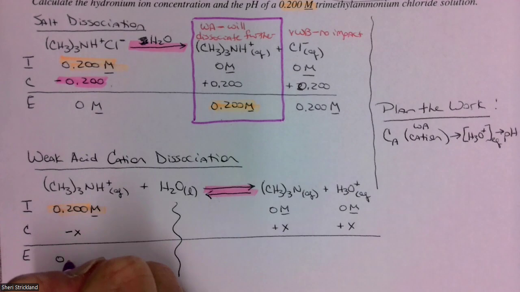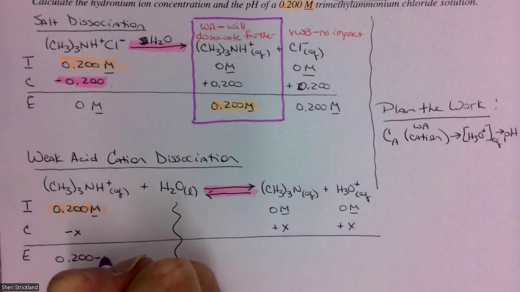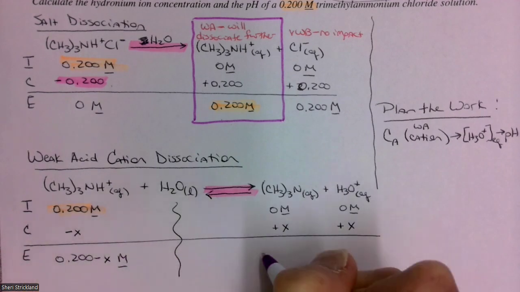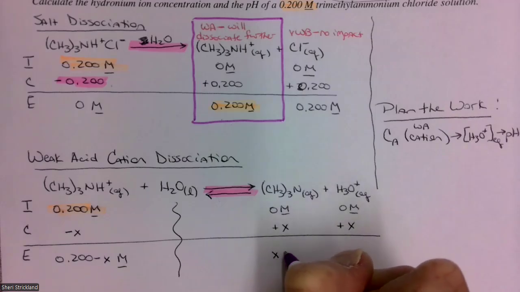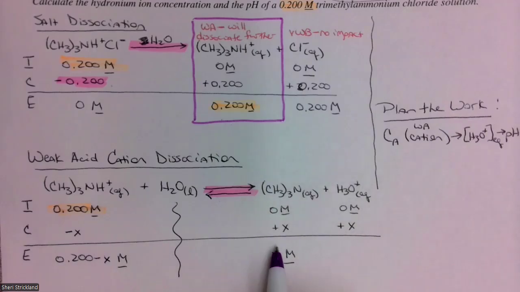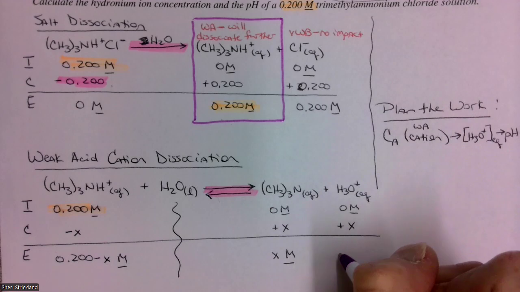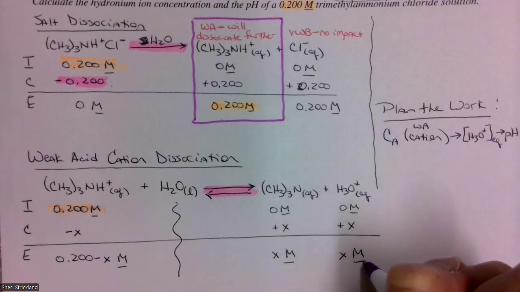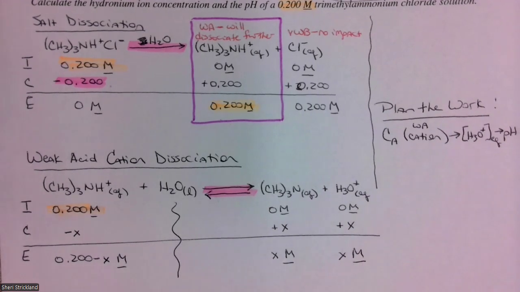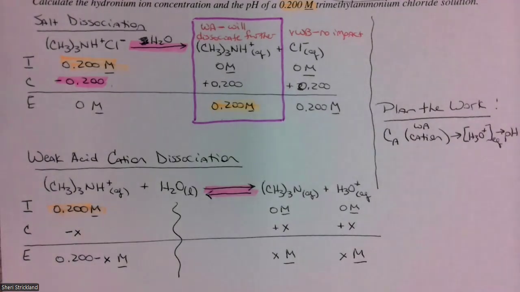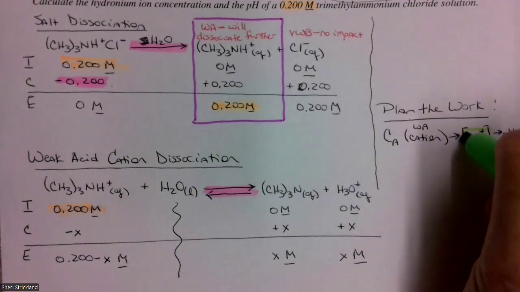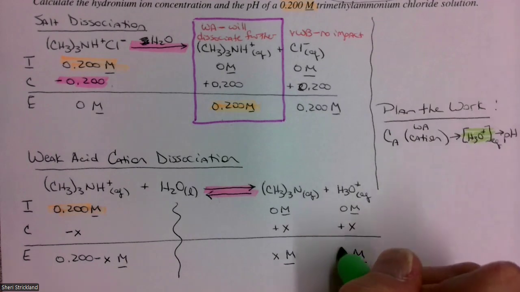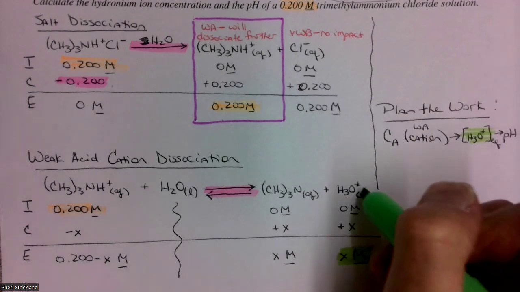Okay, so the equilibrium concentration of the cation will be this, and then its conjugate base will be that. And hydronium ion concentration will be that. All right, so this hydronium ion concentration, this is what we were talking about up here. Okay, so that's right there.